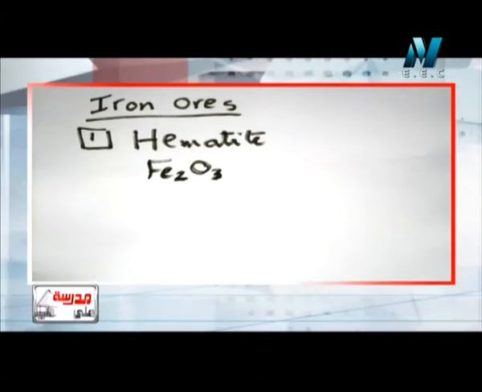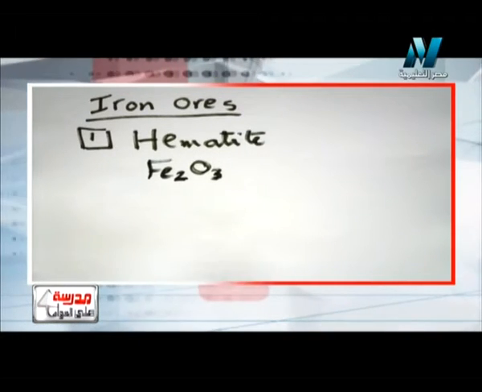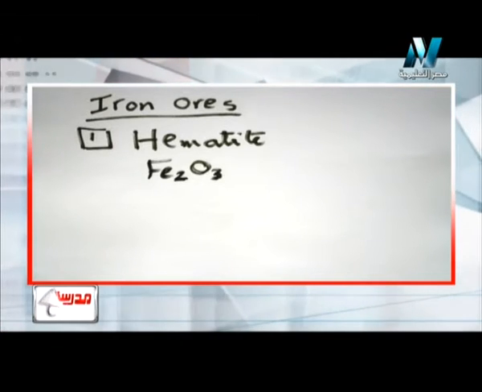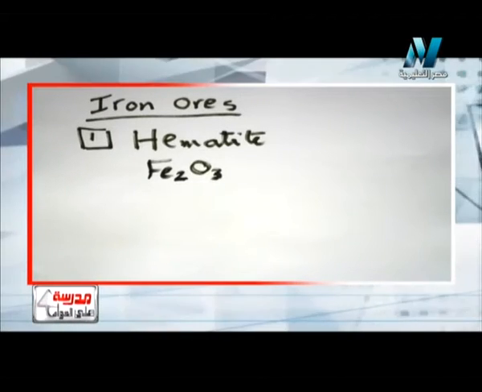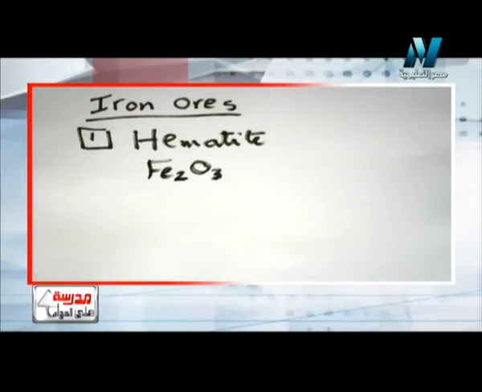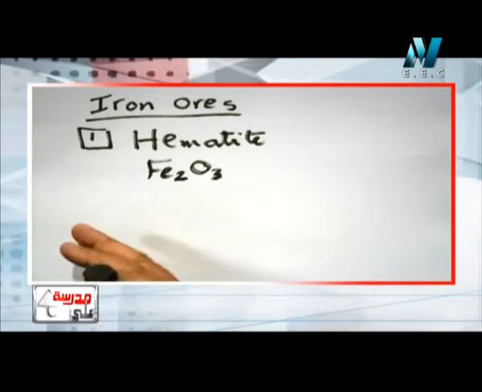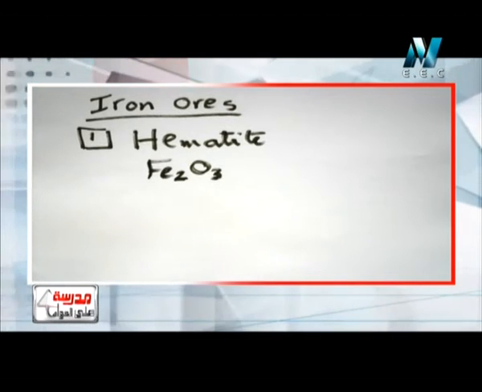According to the configuration of iron, we know that it has 2 electrons in 4s and 6 electrons in 3d. So it may have valence 2, valence 3 or more. The compounds which have more than valence 3 have no importance. So the most important valencies of iron are iron 2 and iron 3.